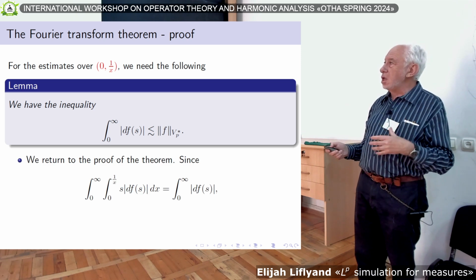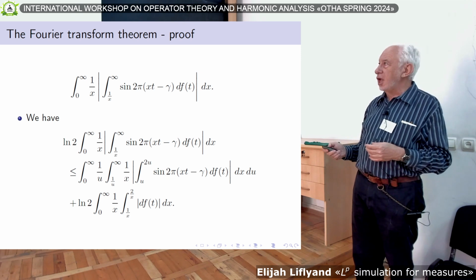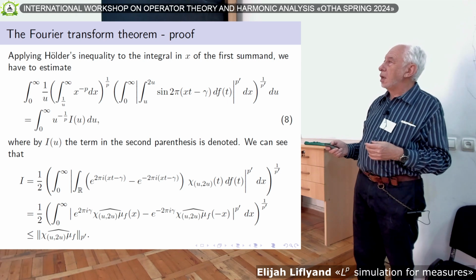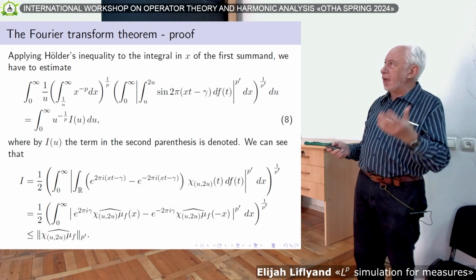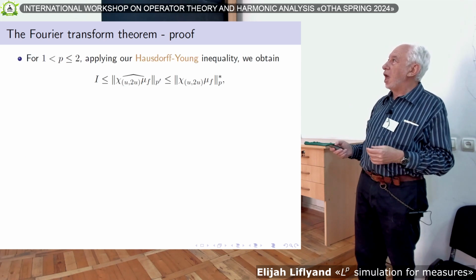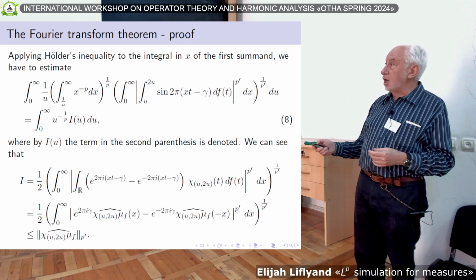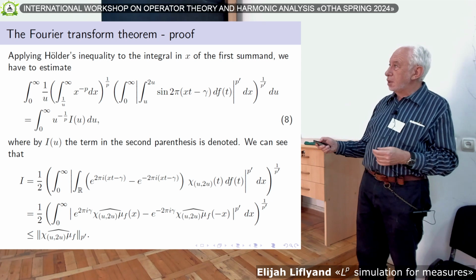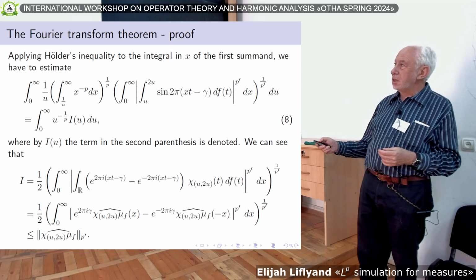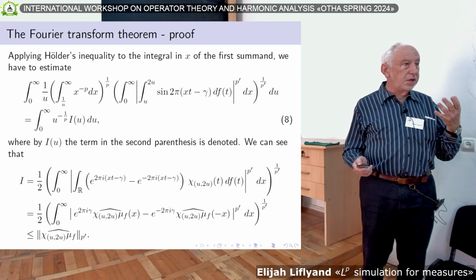And we do some standard calculations, and at a certain moment we apply Hölder's inequality, and finally we arrive at the Fourier transform in this power, and we need an analog.